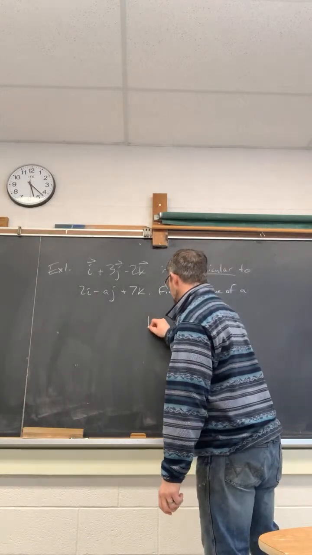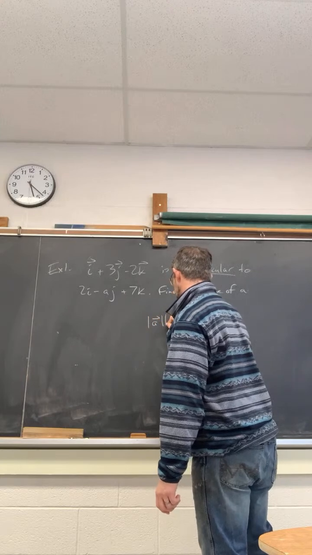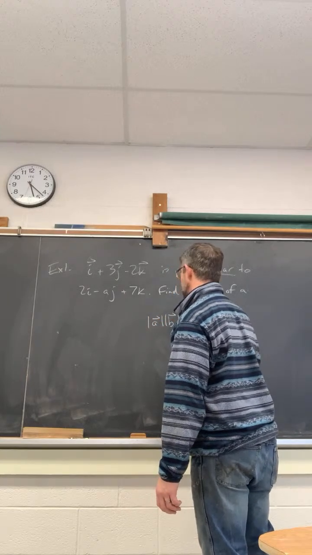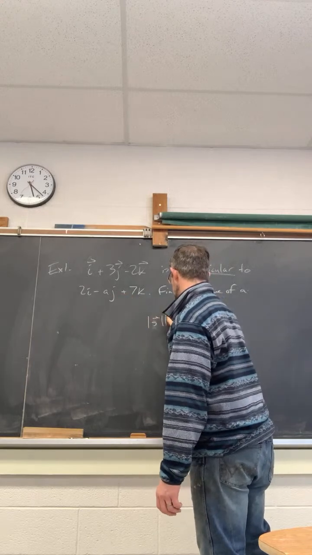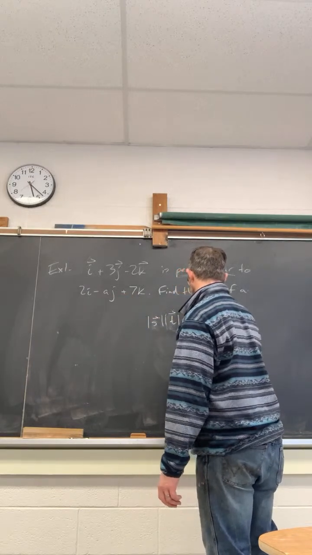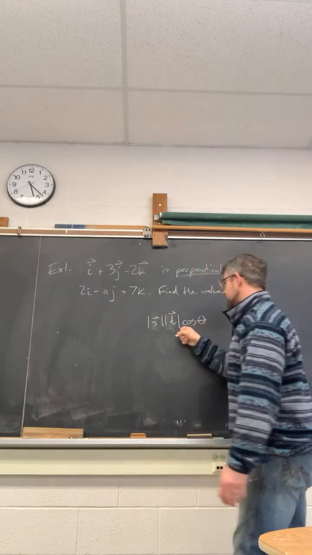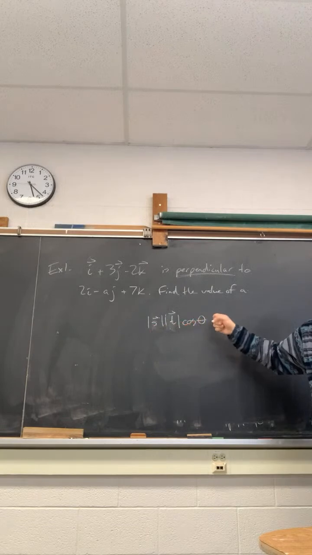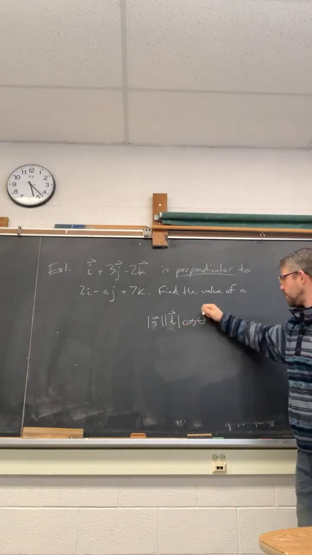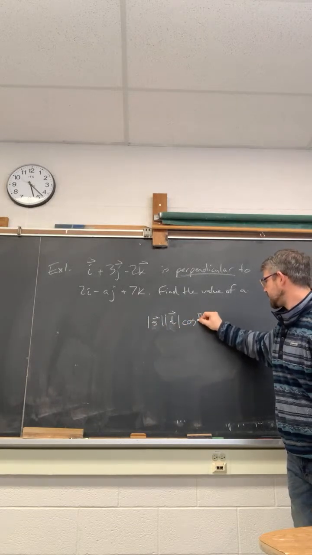Because the right-hand side of the dot product, I'm going to use A and B to represent my vectors now, although I really shouldn't because I have a here. I'll use S and T. The right-hand side refers to the product of the magnitudes and the cosine of the angle between them. Well, if they're perpendicular, the angle between them is pi by 2.